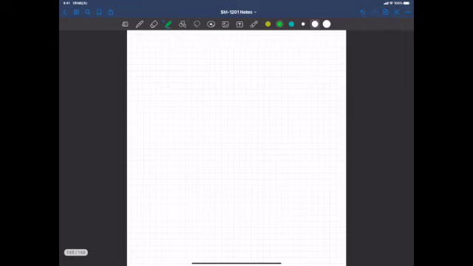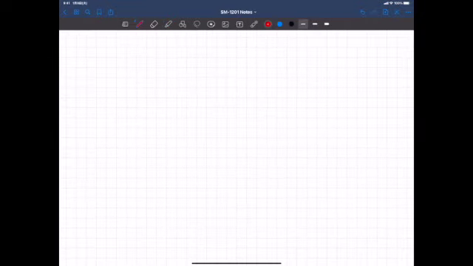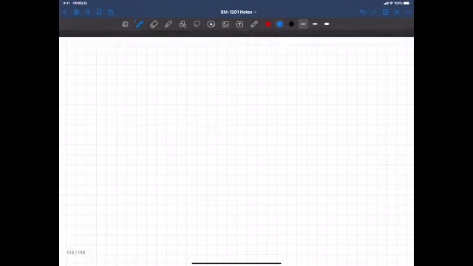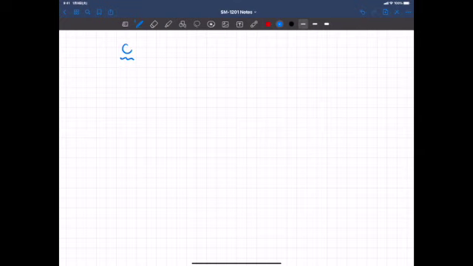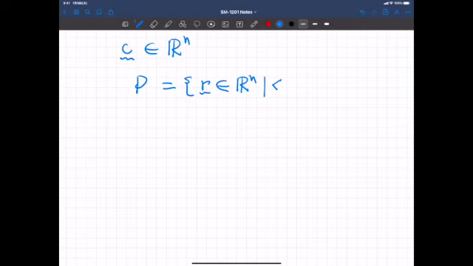Next example. Consider this set. In this case we consider general dimension. So C is a vector in m-dimensional space, and let's define this set P, which is the set of points R in this space such that the dot product (R minus C) dot C is equal to 0.